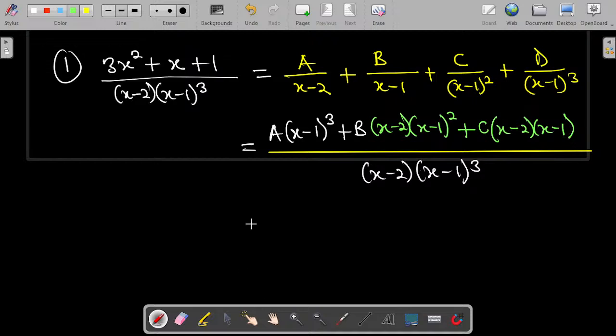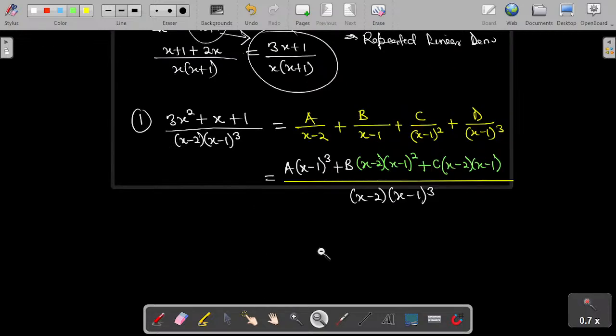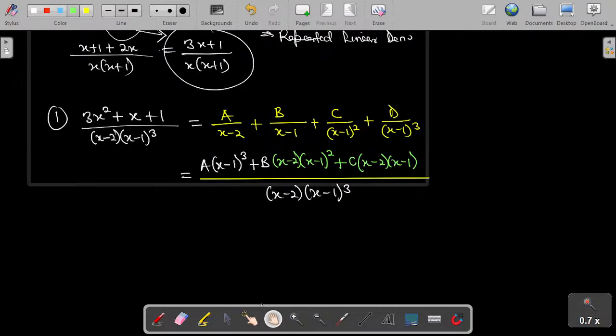Then finally, plus d will now come down. If x minus 1 raised to power 3 divides, you are going to have x minus 2 only. So here will be x minus 2.